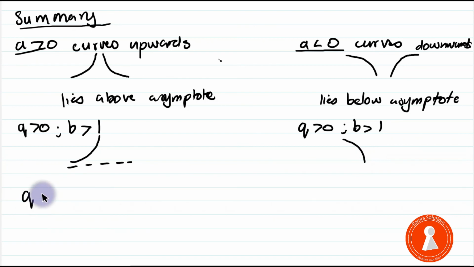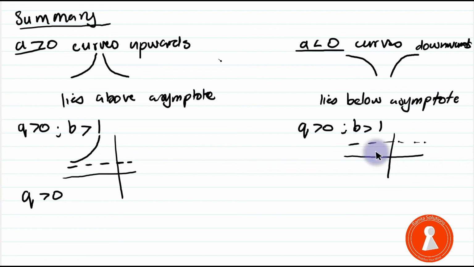When Q is positive, the Q doesn't necessarily have an effect, because here we're basically saying greater than 0. It's like this. So let me redraw this to make sense. So your graph will be, let's say, something like this.